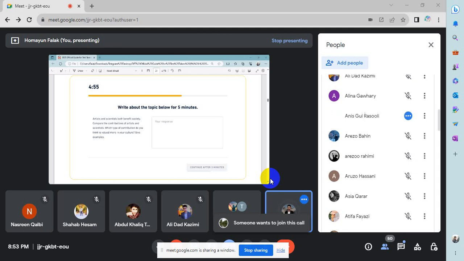And after supporting sentence, you have detail. Guys, please understand that there is a difference between supporting sentence and detail. Supporting sentence and detail are not the same. Most of you maybe think, and most of the teachers I have seen say, okay, after topic sentence, try to write some supporting and details, and they say it in a way that you think that supporting sentence and details are the same.